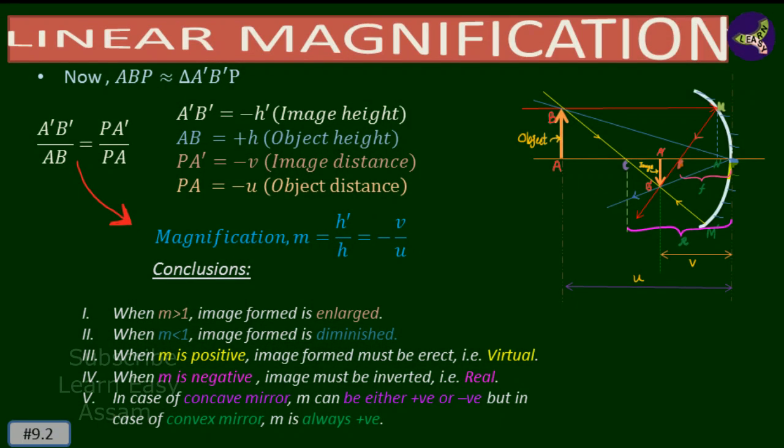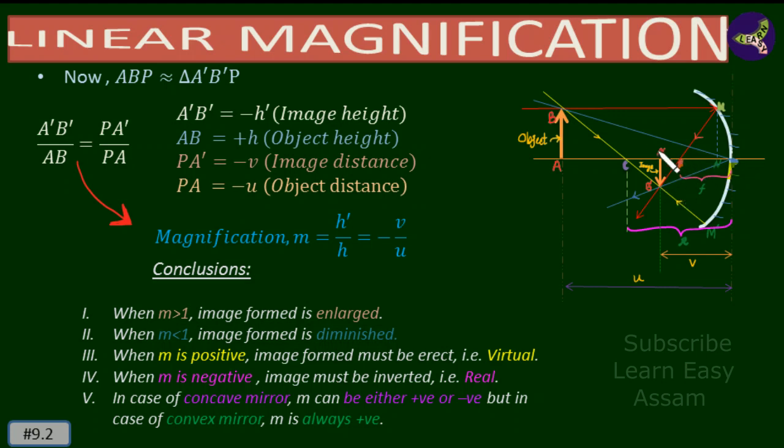Now let us see the linear magnification. Again we have to consider the same diagram for finding the linear magnification. Here you have to consider two triangles and the similarity property of these two triangles. So triangle ABP is similar to triangle A'B'P.